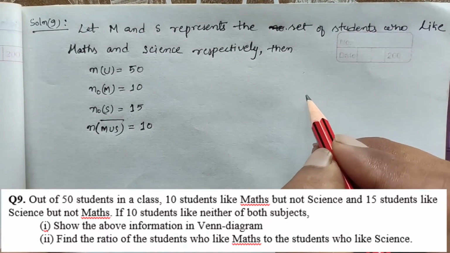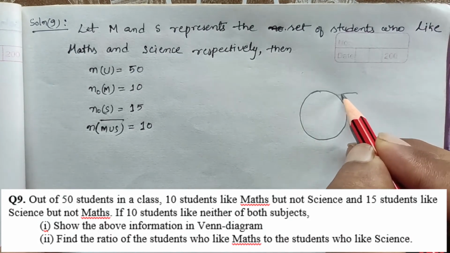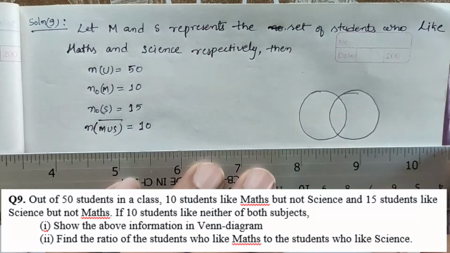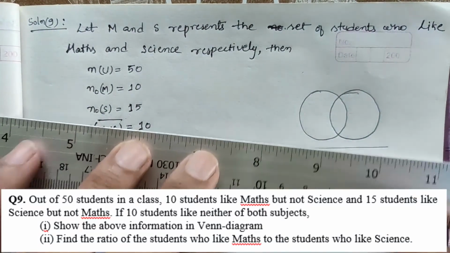Okay, first, because we are in the first case, we have to draw the Venn diagram. This is our subsets of universal set U. We will draw like this.